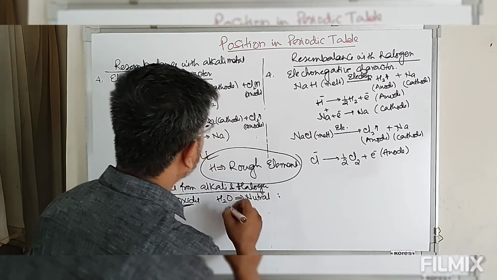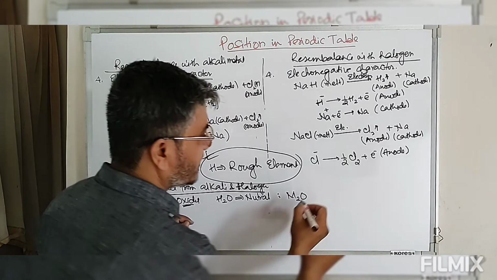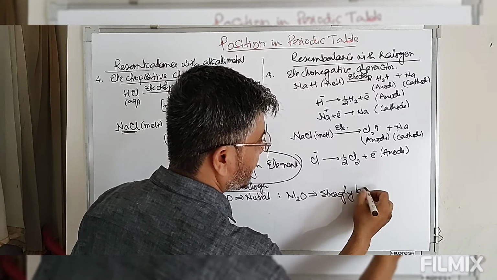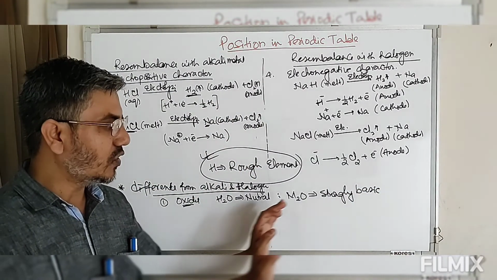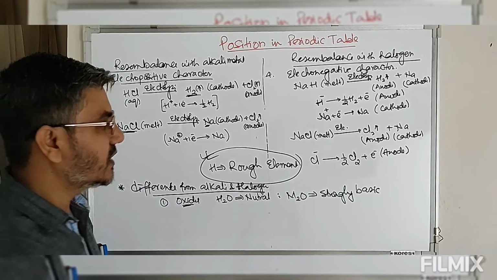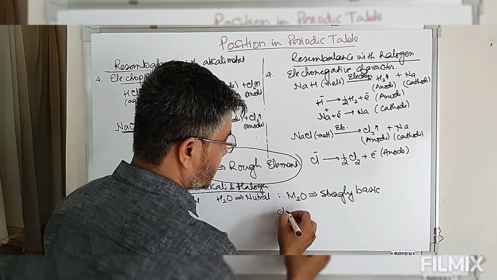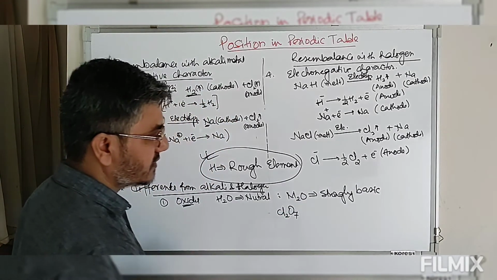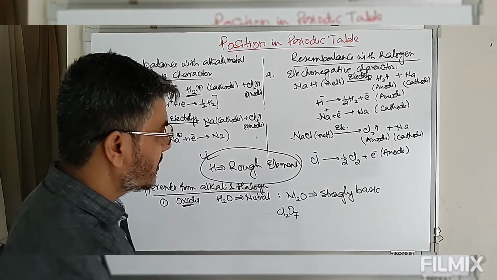Now on the other side, take the alkali metals. Alkali metal oxides are strongly basic. The oxide of hydrogen is neutral, whereas the oxide of an alkali metal is strongly basic. The oxides of non-metals, that is halogens, take this case, Cl2O7, a particular oxide of the halogen chlorine.